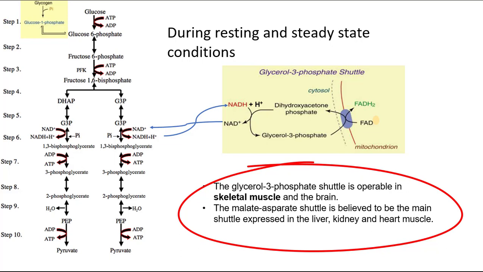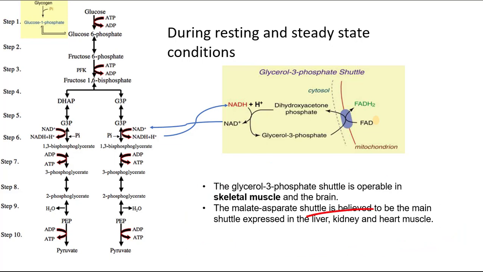The malate-aspartate shuttle is believed to be the main shuttle expressed in the liver, kidney, and heart muscle. The glycerol 3-phosphate shuttle is operable in skeletal muscle and the brain. Today's lecture mainly focuses on skeletal muscle, so the shuttle here is the glycerol 3-phosphate shuttle.